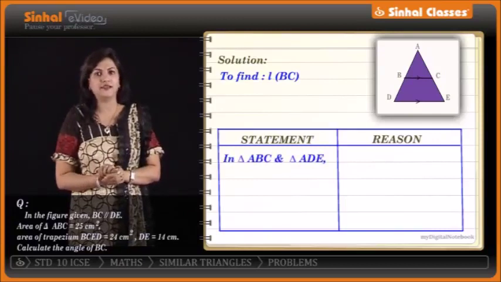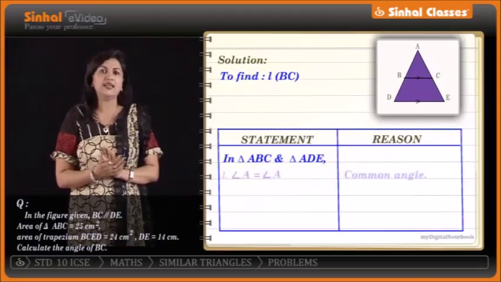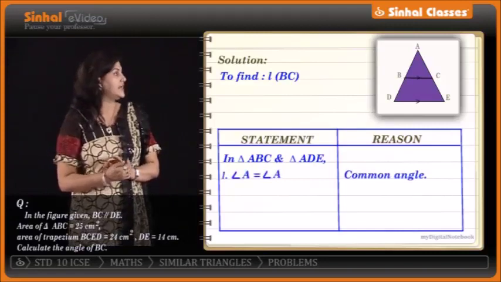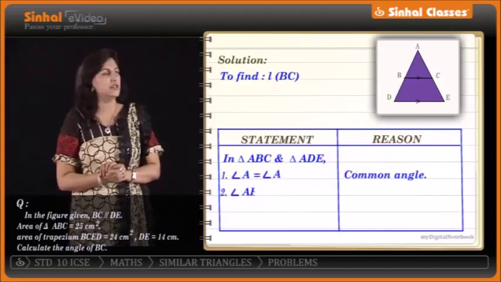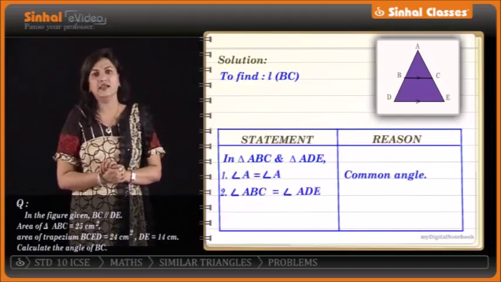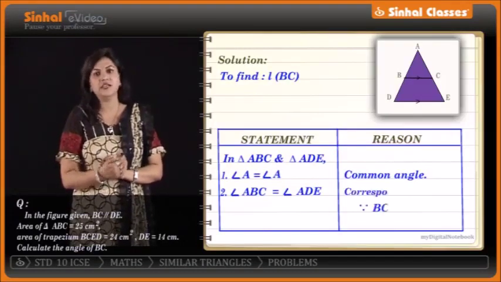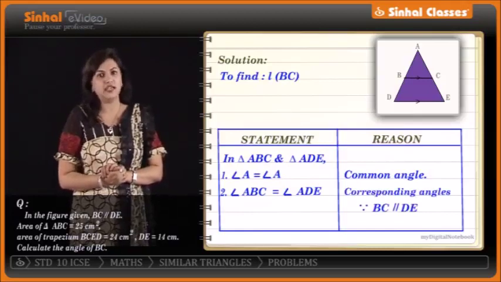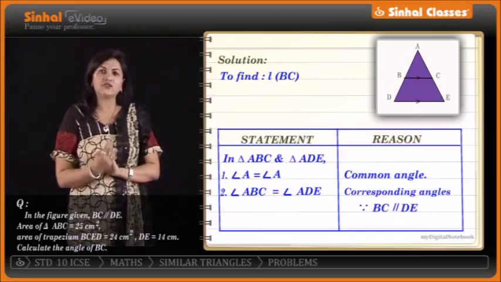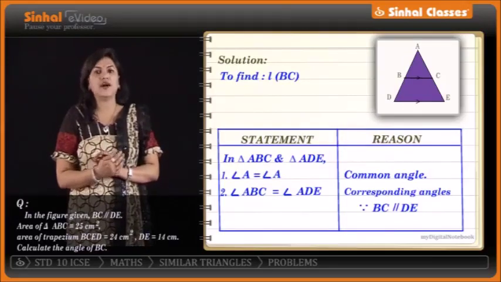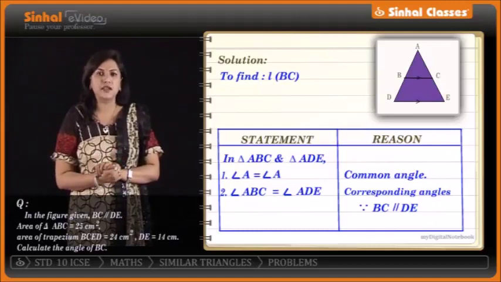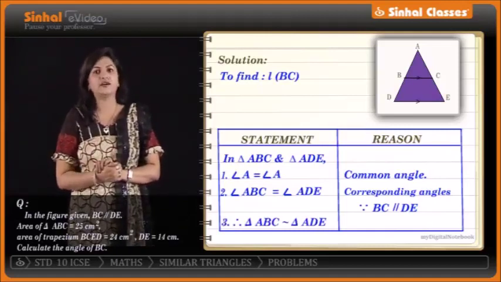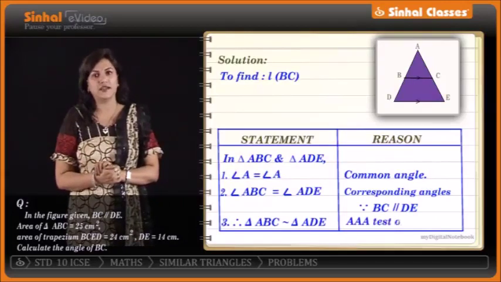Here, angle A equals angle A, common angle, and also angle ABC equals angle ADE, because we are given that BC is parallel to DE, so the corresponding angles will be equal. Now we have two equal angles, so triangle ABC is similar to triangle ADE. Be careful with the order in which you write the names of the triangles.